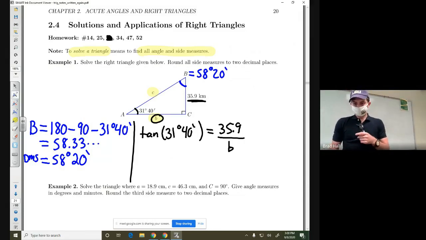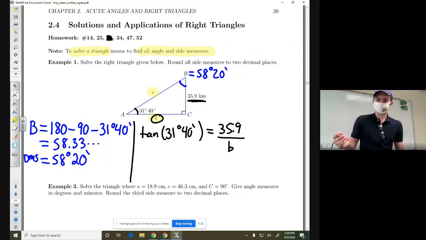We picked tangent because tangent allowed us to grab one known value and one unknown value. If we would have picked, say, sine, well, sine would have excluded B entirely. If we would have picked cosine, we would have picked B and C. So that's two variables. That's not good. Definitely don't want to deal with Calc 3.